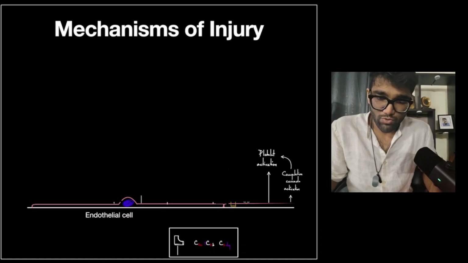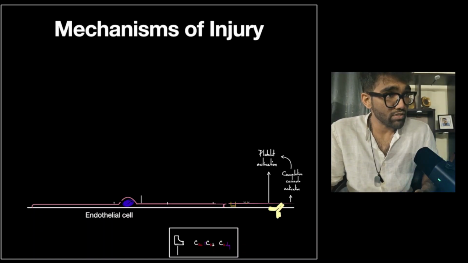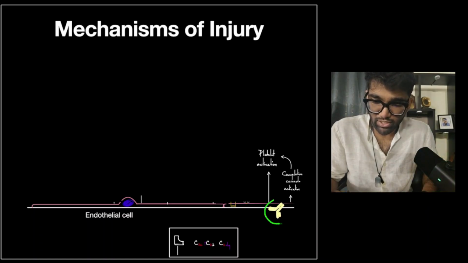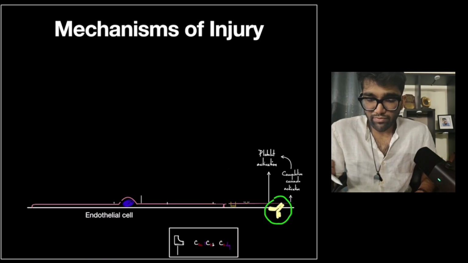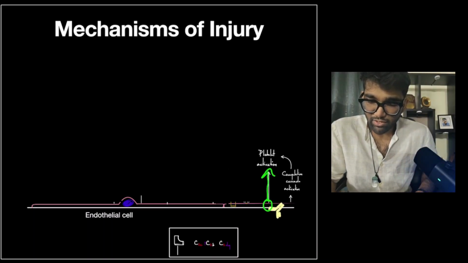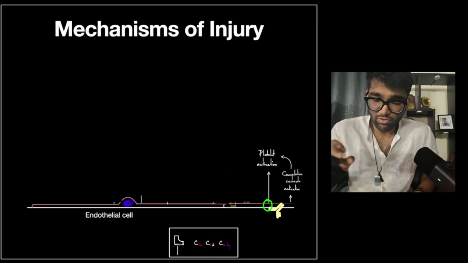So the mechanisms of injury are quite interesting. The first thing we start with is an antibody that gets deposited subendothelially. Now this is exactly what happened with our immune-mediated glomerulonephritis. Similarly, an antibody deposited subendothelially will activate complement, resulting in endothelial activation, which results in platelet activation, and activation of the endothelium also results in activation of the coagulation cascade, resulting in a microvascular thrombosis.